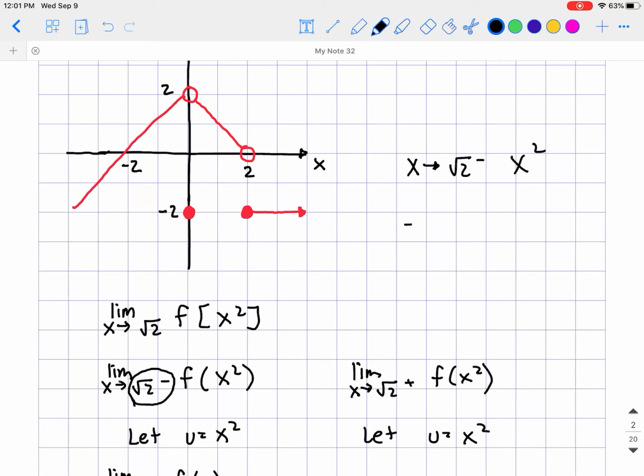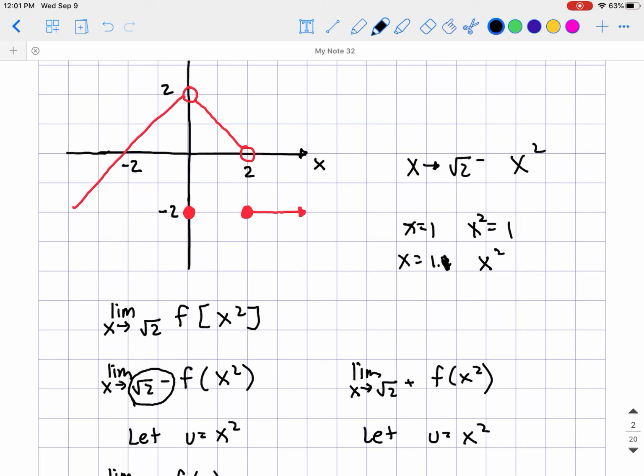If I am coming from the left-hand side, then I can plug in, say, x is equal to 1, and I'm going to get 1 for x squared. Sorry, let me repeat that one more time. If x is equal to 1, then x squared is equal to 1.